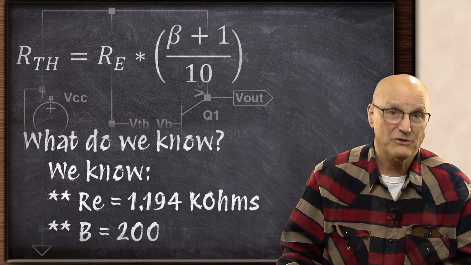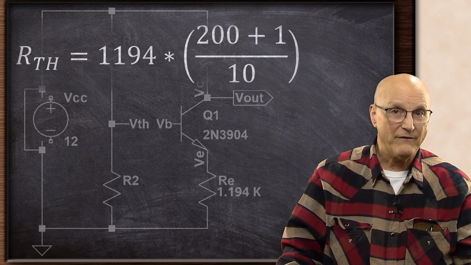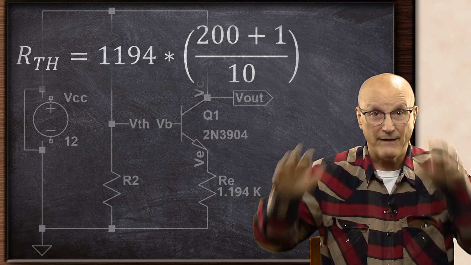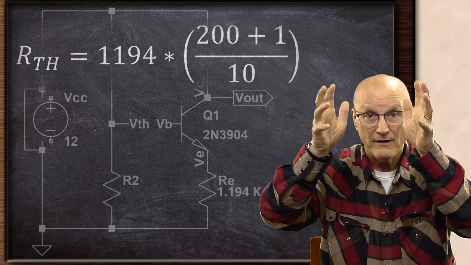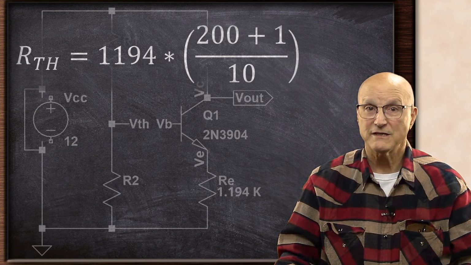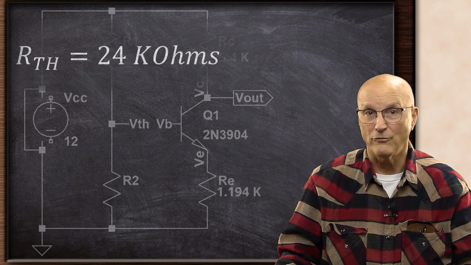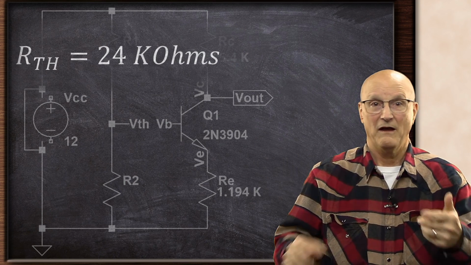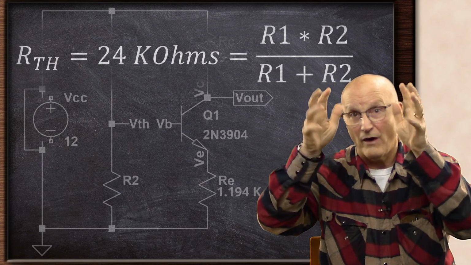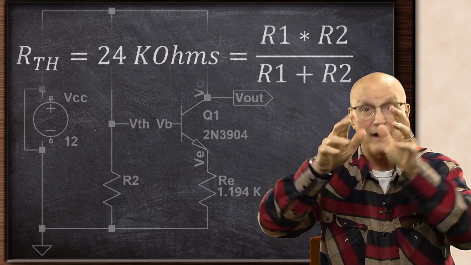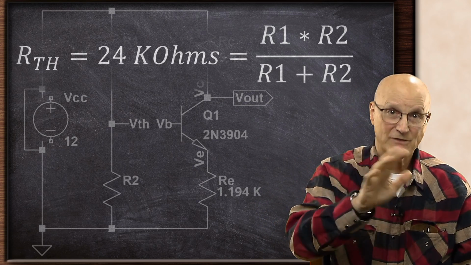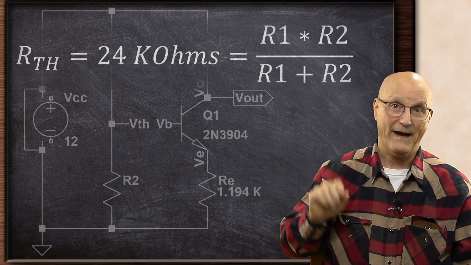Making these substitutions, we get R Thevenin is equal to 1,194 times 200 plus 1, all divided by 10, which gives us a Thevenin resistance of 24 k ohms. So, R Thevenin equals 24 k ohms equals R1 times R2 divided by R1 plus R2. Now we're going to set this one aside for a moment. We'll come back to this.